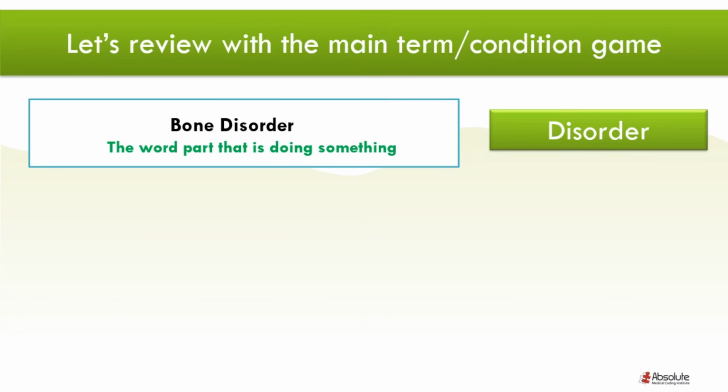Disorder is not a diagnosis. It can't be, because disorder of what? Something's missing. But disorder is definitely doing something. It's being disorderly. And your bone, well, that's your body part. It can't do anything.